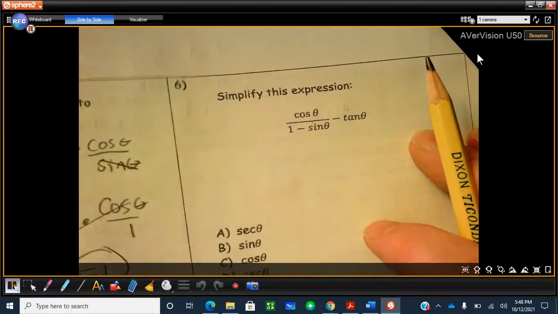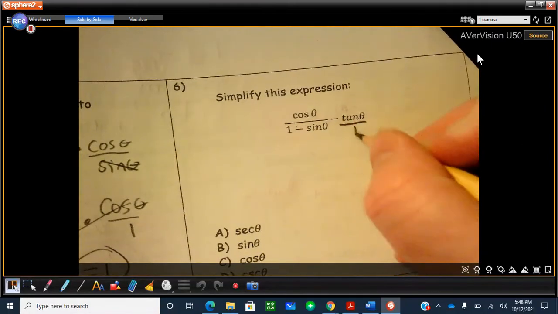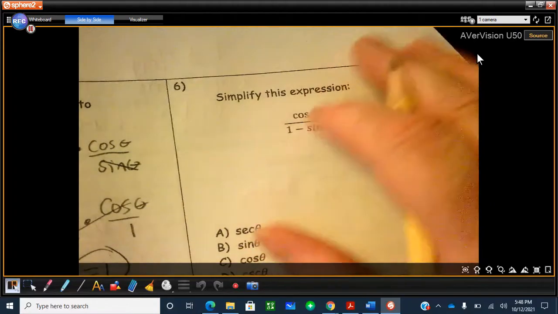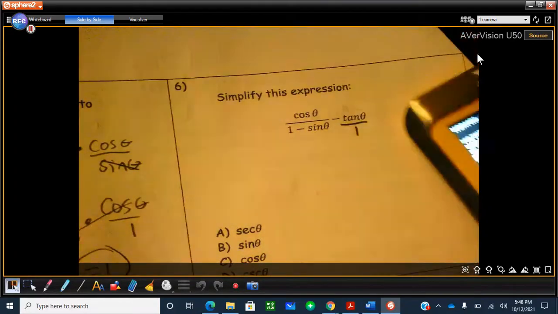This guy, whew, I was like, what did I do here? So when you do this without the cheat way, we've got cosine, we've got sine, we've got tangent.